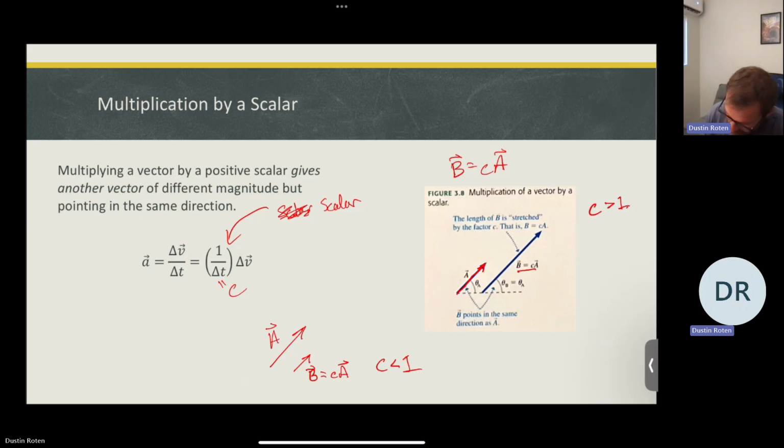I guess I could write that. So c is less than 0, so negative. I'm just going to leave a very quick note here. We'll say it flips the vector 180 degrees. That'll be the easiest way to describe it.